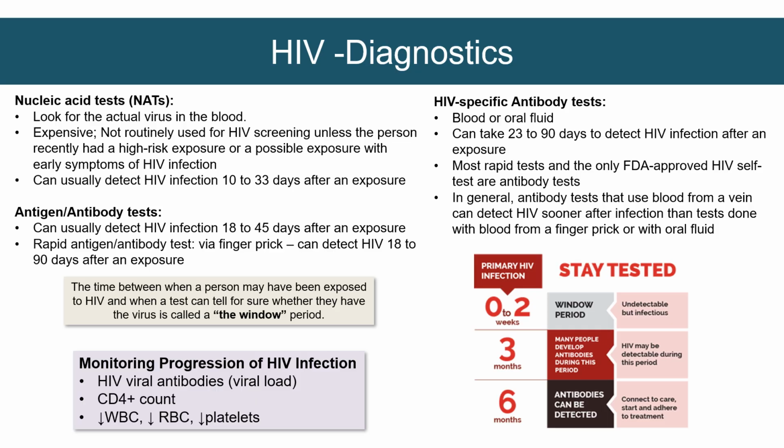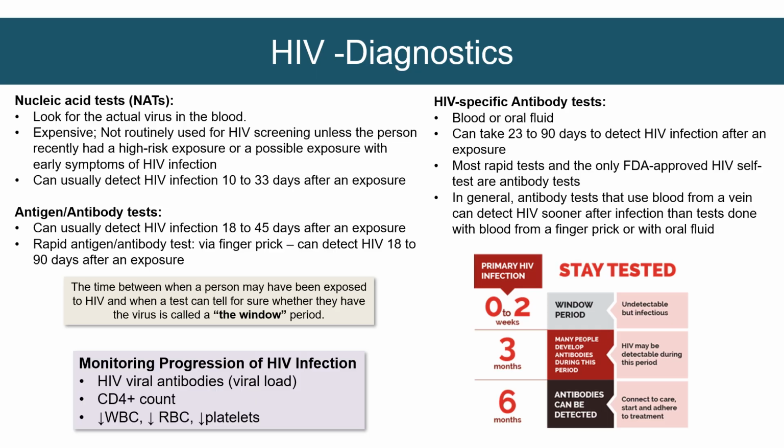These different types of tests can detect it at certain times. Like the NAT test can usually detect it 10 to 33 days after an exposure, versus the antigen antibody test, which can detect it 18 to 45 days after exposure, and so on. That's what you want to keep in mind. If a patient has a negative result, then you may want to test them again in a couple months.